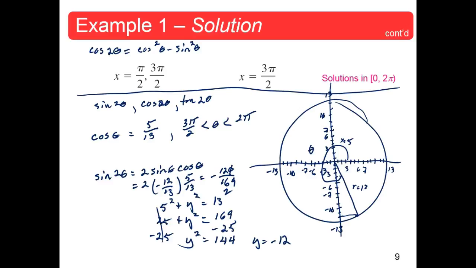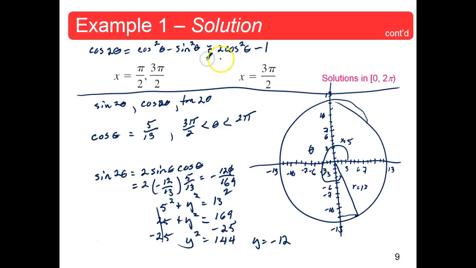Can someone give me one of them? 2 cosine squared theta minus 1. You know, I kind of like that one better, because that only uses what I know is true, not what I think is true. Okay? So let's go with that one.